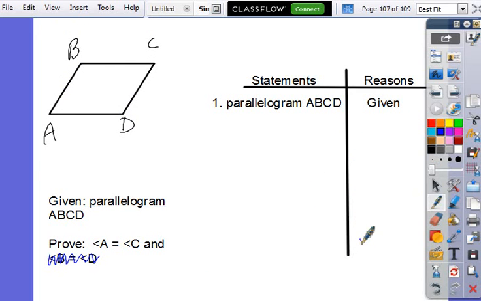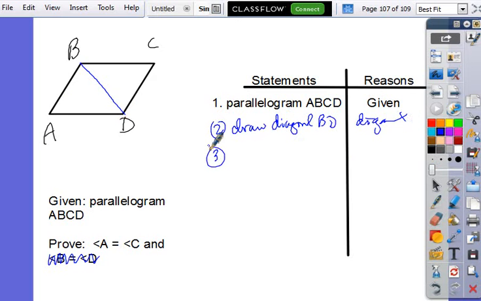All right, same deal here. I've got to get to where I can say the angles are congruent. I can't do that unless I have the triangles. So since I'm trying to do the A and C, I'm going to draw in the diagonal BD. I'm going to do the same thing. Get my alternate interiors.